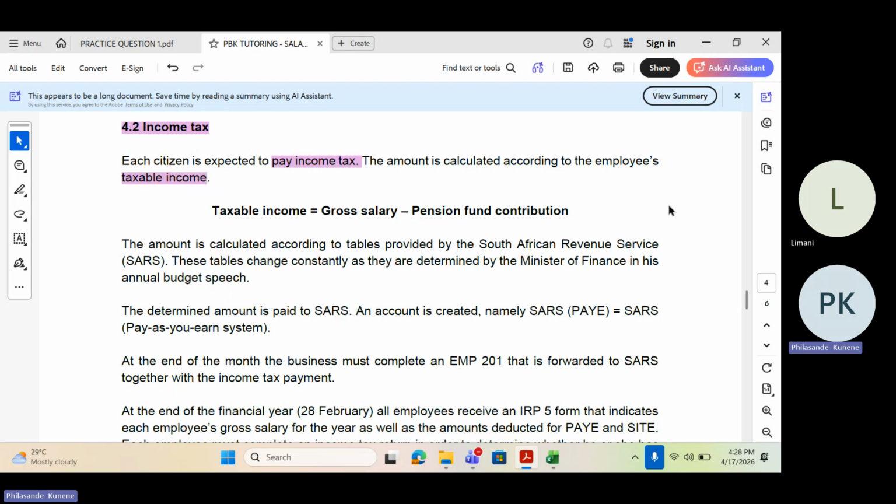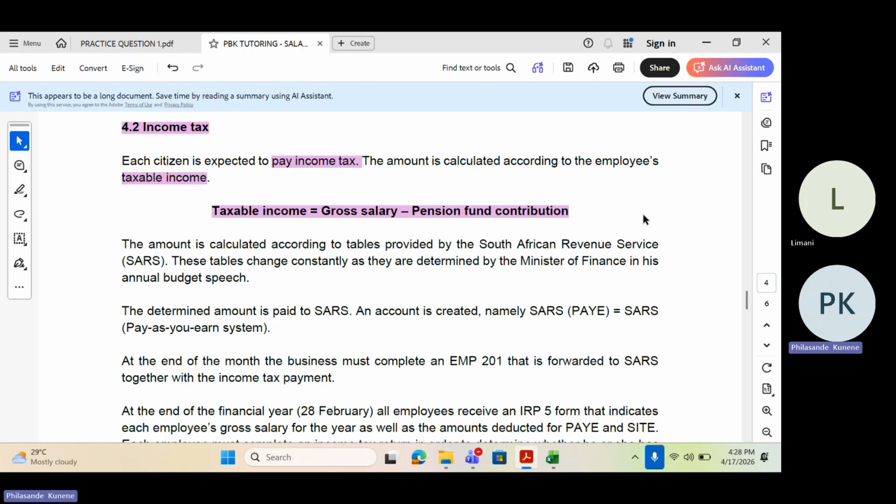What is the taxable income? This is gross salary minus pension fund contribution. Can you see? Gross salary minus pension fund contribution. Then we need to check how much you have. That is the amount that will be taxed. That will be a taxable income for you, right?